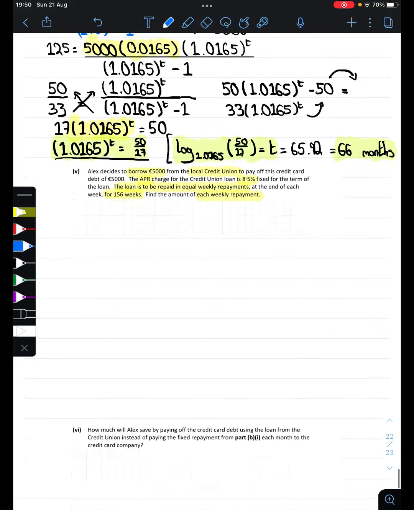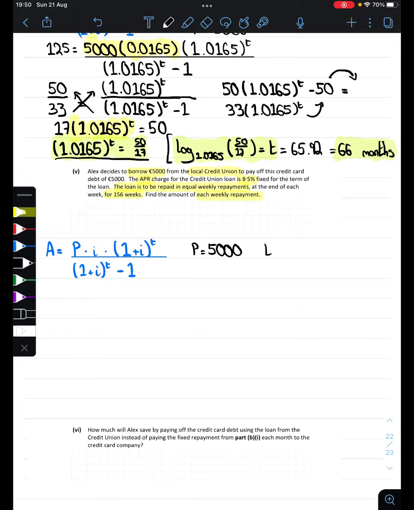So we're going to be using our formula A equals P, the amount he borrows, times I, the interest rate, times 1 plus I to the power of t, the length of the loan, all over 1 plus I to the power of t minus 1. Okay, so we know that P is 5,000, how much he borrowed.